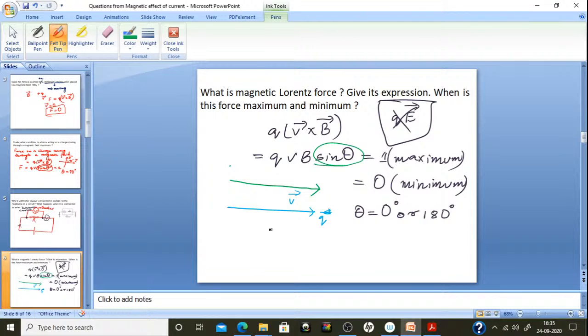Another way the force will be minimum is if your magnetic field is in the opposite direction, right. If it is in the same direction, the angle will be 0, but if it is in the opposite direction, the angle will be 180 degree. So if you put 180 degree here, again sin 180 degree is 0, so force will be 0. So that is minimum. Okay, maximum when the angle is 90 degree, minimum if the angle is 0 degree or 180 degree.